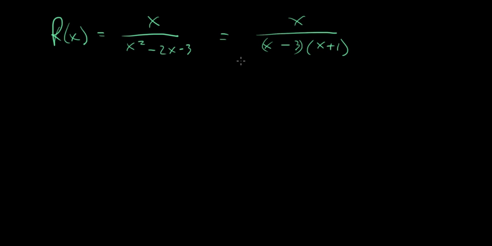What we're trying to do is find the asymptotes, okay? For the vertical asymptote, you look at the factors of the denominator and see if they're also repeated in the numerator. Neither one of these factors is repeated in the numerator. So you say that we have vertical asymptotes at x equals 3 and x equals negative 1.